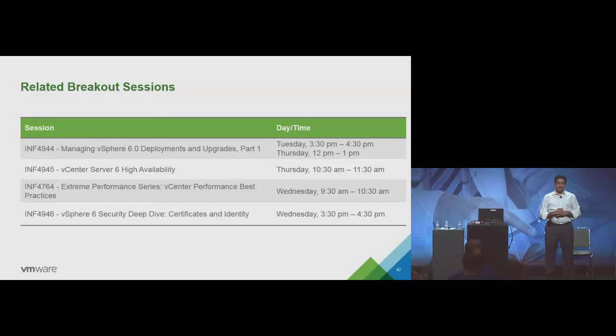I installed internal, and now I want to make it external. Right. So the most common transition is starting with embedded and then going to the external PSC as your environment gets really big. This is what we call repointing the VC to an external PSC, and this will be available in 6.0 U1.